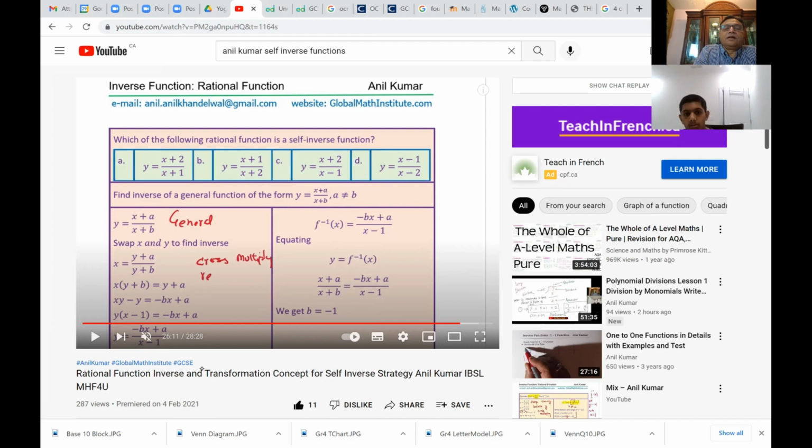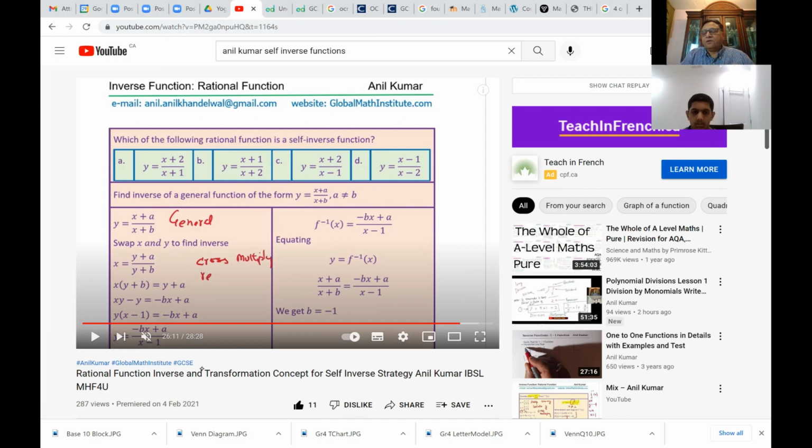And therefore, that becomes your answer. So next time, if there is a question on self-inverse of a rational function like this, you can say, well, if x minus 1 is there in the denominator, whatever linear function you write in the numerator, that should be the inverse. You get the idea. So that is how you will do it.